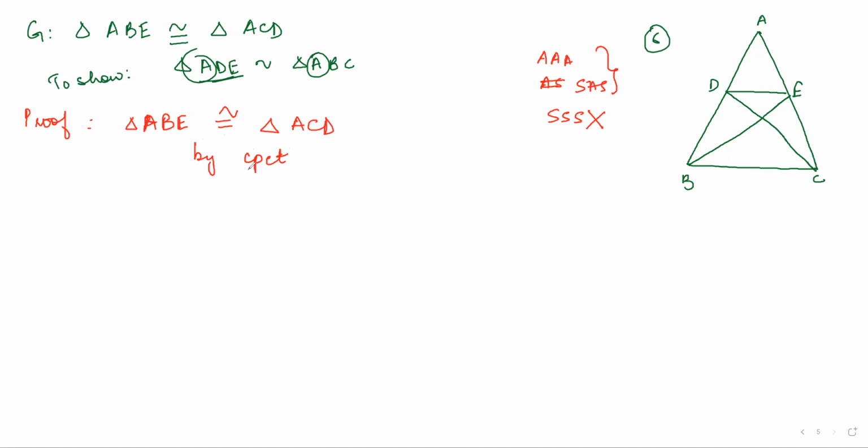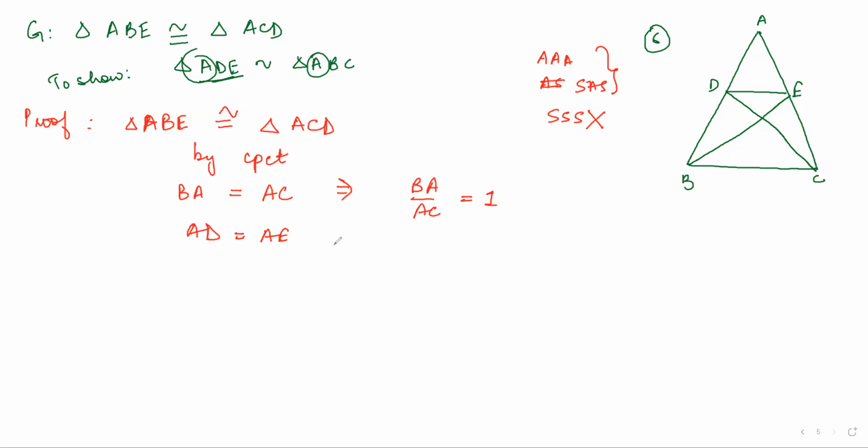By CPCT, BA is equal to AC, correct? So I can write that BA upon AC is equal to 1. Can I write it like this? And on the other side, I can write that AD is equal to AE. Can I write it?